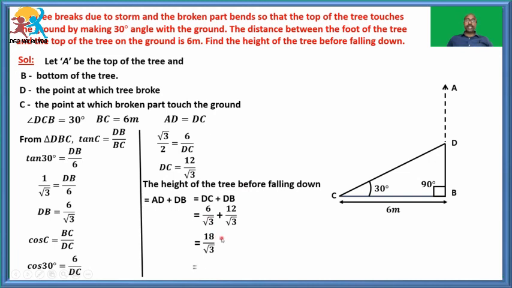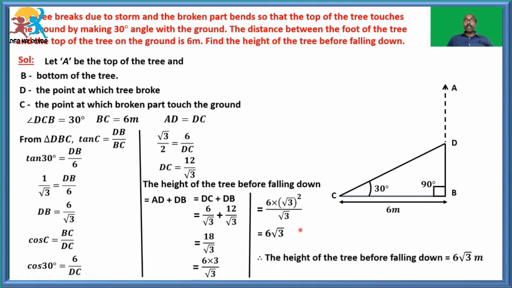That is 6 into 3. Now 3 can be written as root 3 whole square, because root 3 whole square is again equal to 3. That's why we are writing here 3 is equal to root 3 whole square. Now one root 3 will be cancelled and we remain with 6 into root 3. So therefore the height of the tree before falling down is 6 root 3 meters.